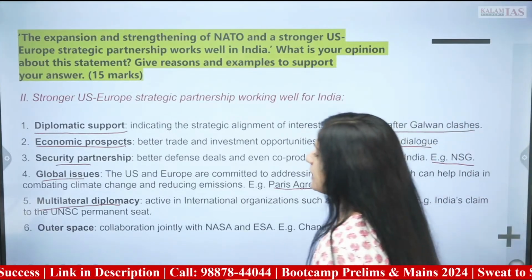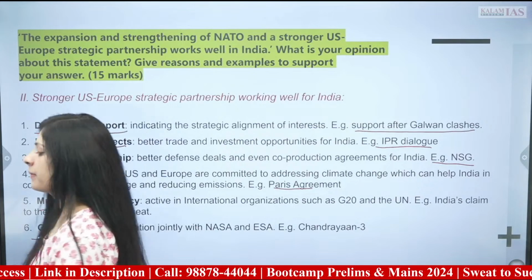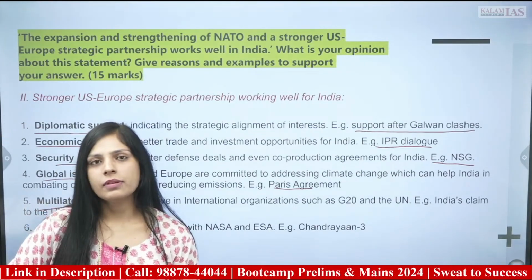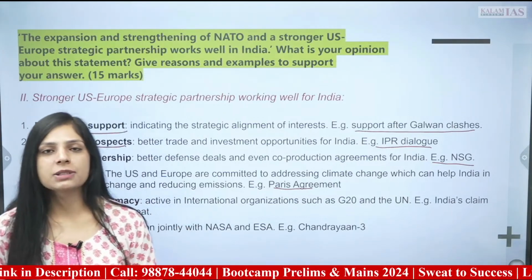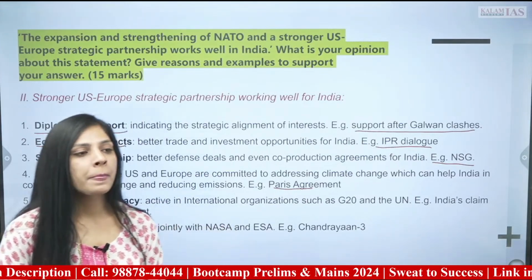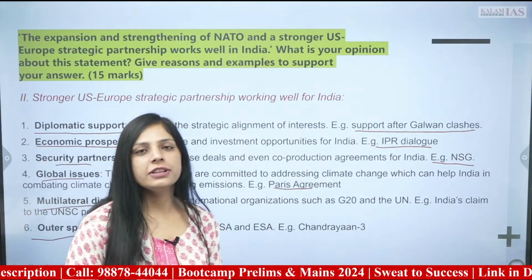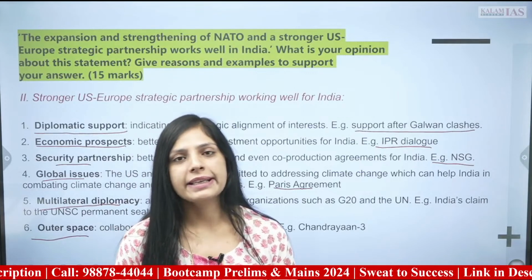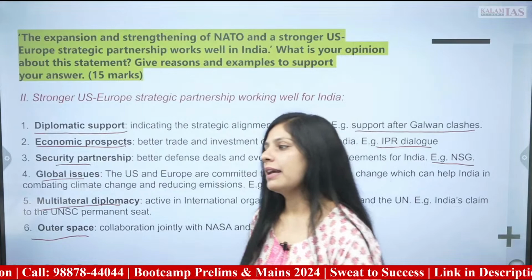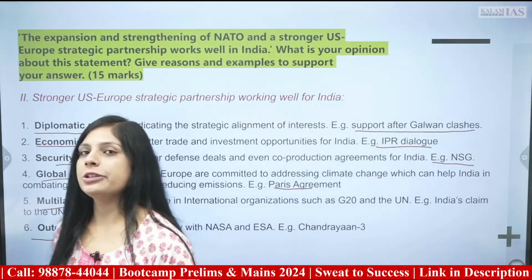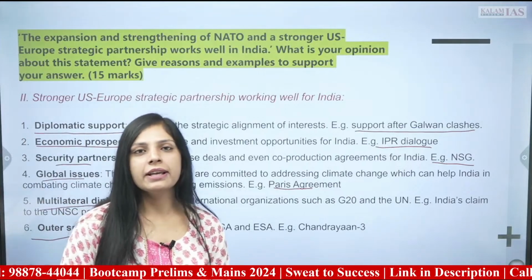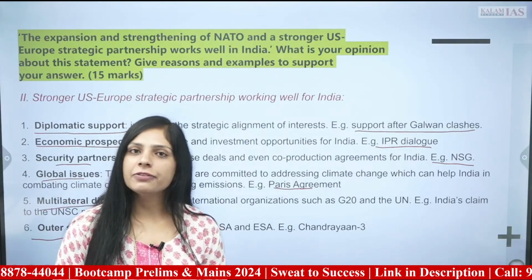In the outer space, see, both these countries have a very glorious space exploration history and projects which they undertake. So India, with their joint collaboration, it can help India's space agencies also, right? As NASA and ESA, the European Space Agency, work in close cooperation, India also seeks to get benefit from it.